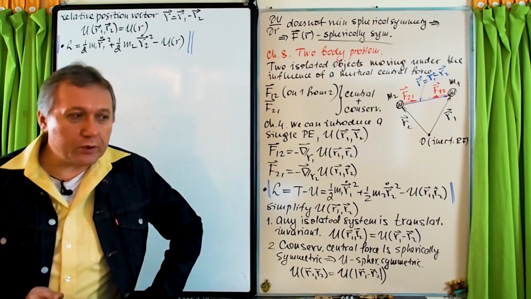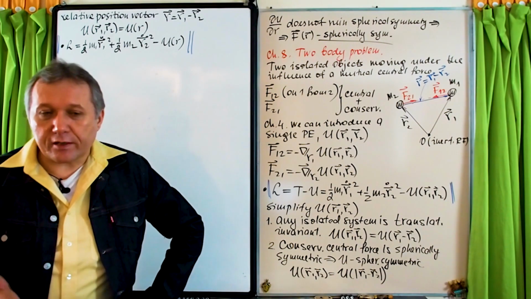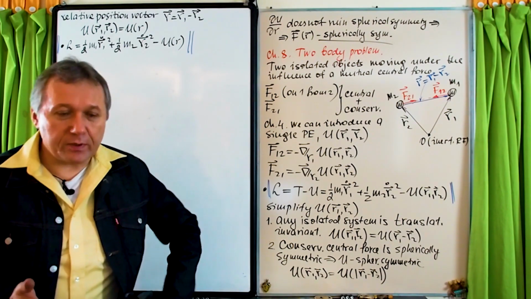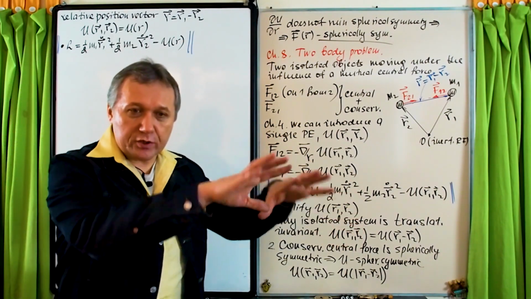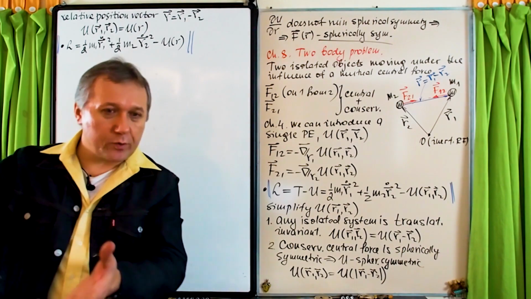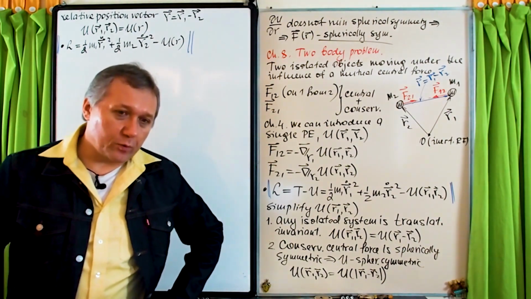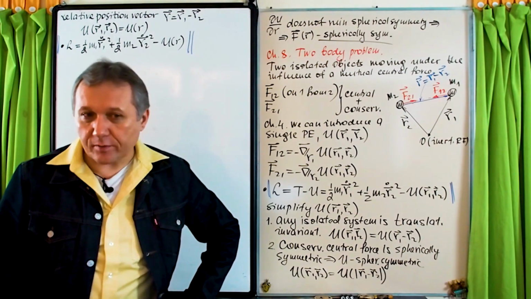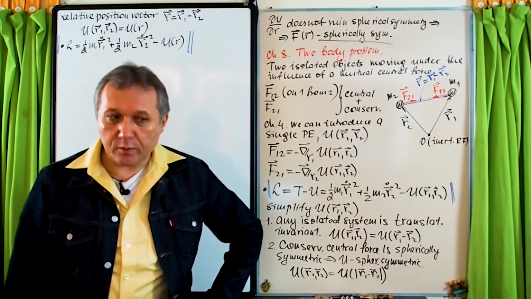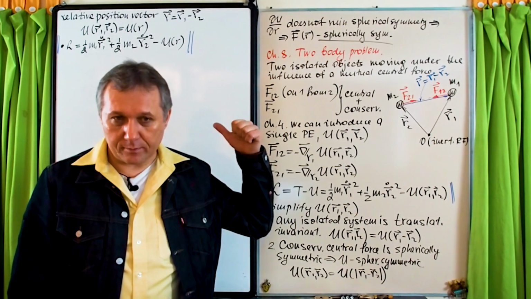Maybe we can move to different coordinates where this Lagrangian will become decoupled. Maybe there's one or two terms which depend on one coordinate, and the other terms depend on the second set of coordinates. Let's make an attempt to decouple this Lagrangian, because right now it is coupled.